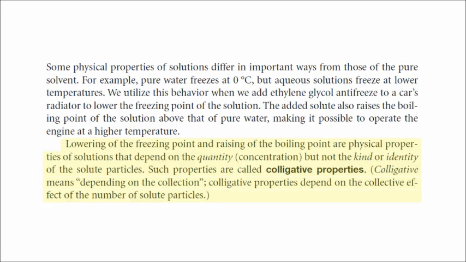For example, when we add ethylene glycol antifreeze to a car's radiator, we lower the freezing point. This also raises the boiling point. So lowering the freezing point and raising the boiling point are physical properties of solutions that depend on the quantity of the substance, but not the kind of substance. So it depends on the quantity or the amount.